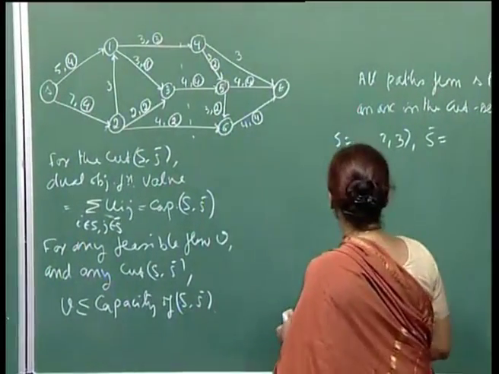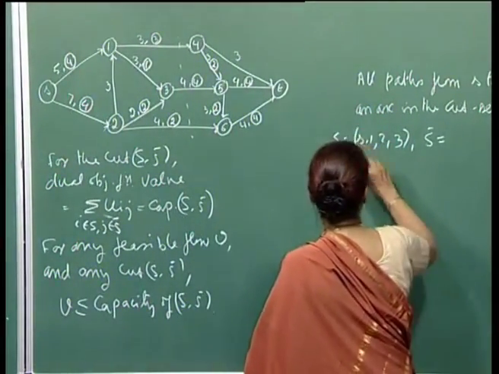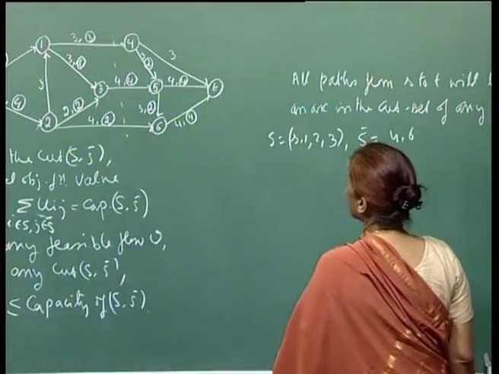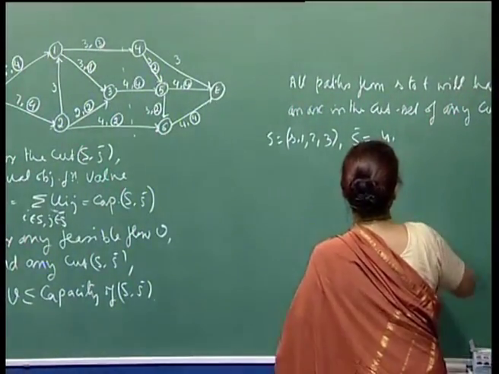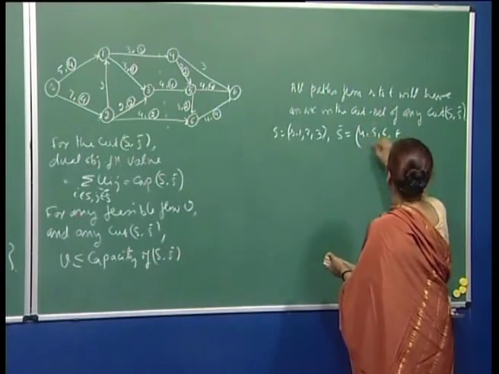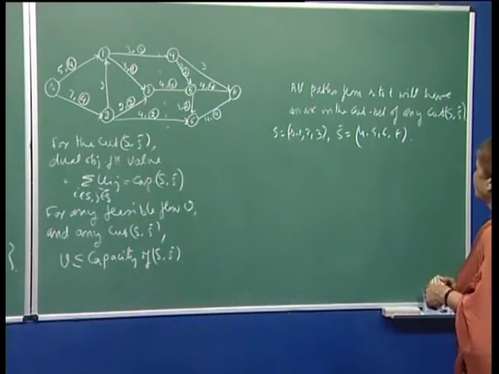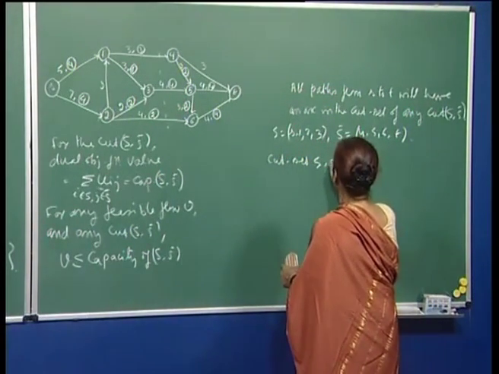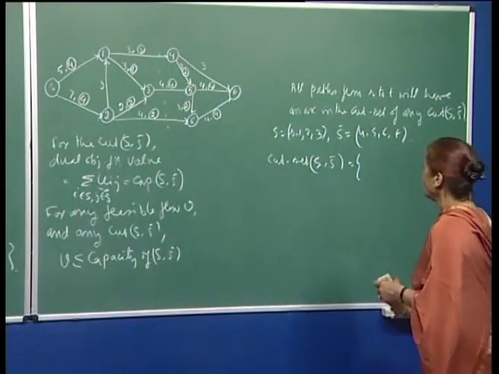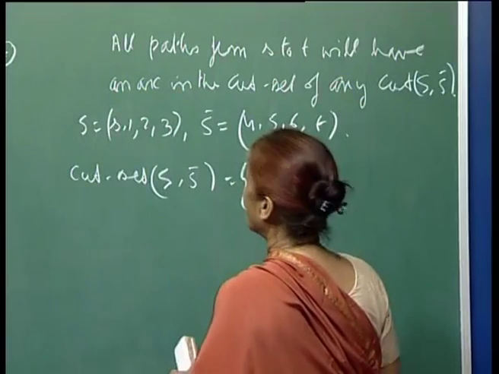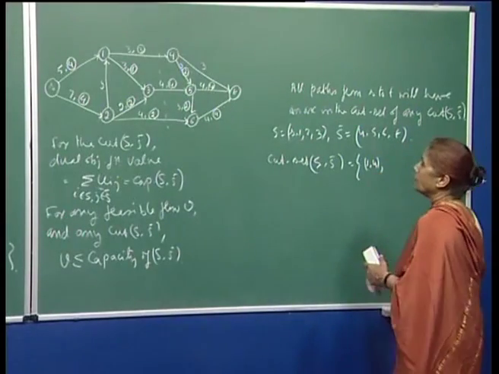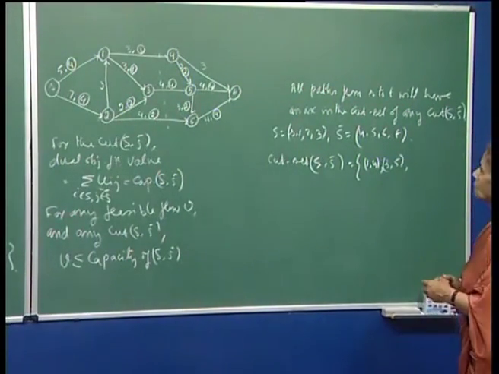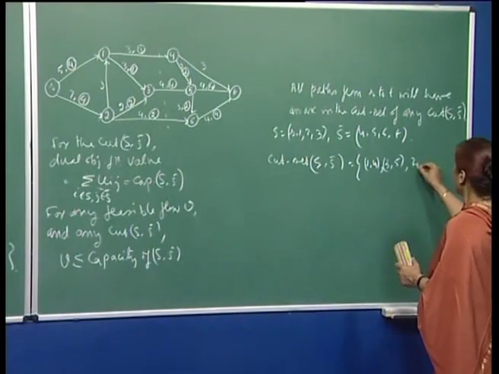So then in that case S is S, 1, 2, 3, and S bar will be 4, 5, 6 and T. So this is your S bar, right, and your cut set therefore is all arcs from S to S bar, and that is, you see, 1, 4, then 3, 5 and 2, 6, right.